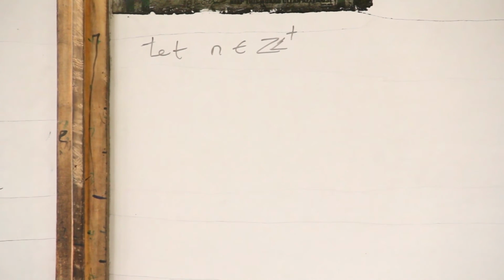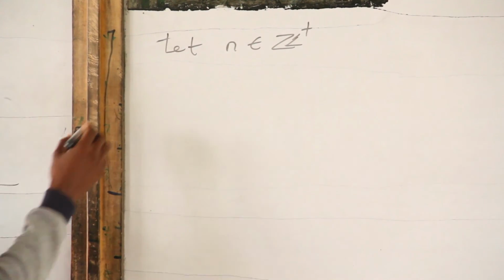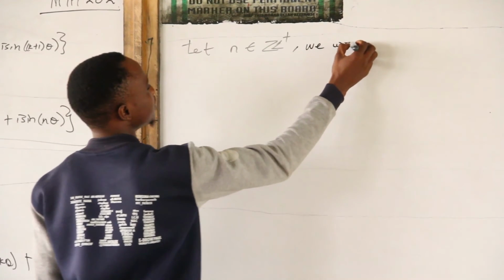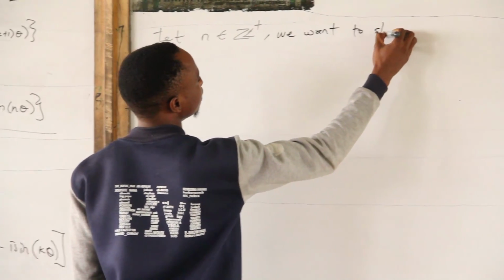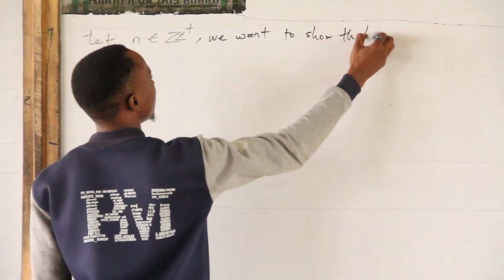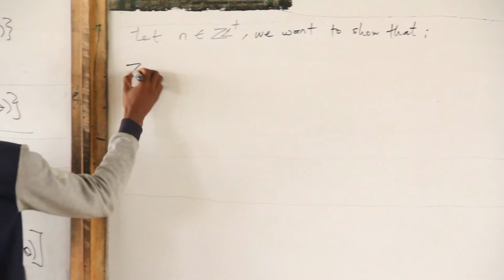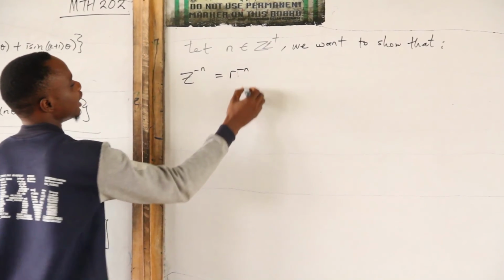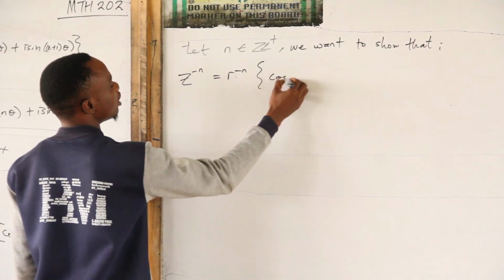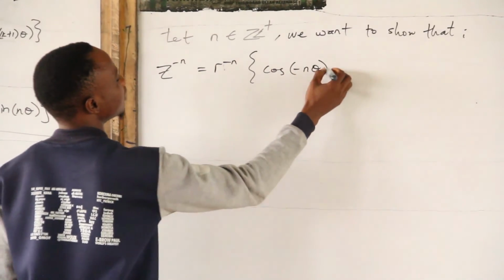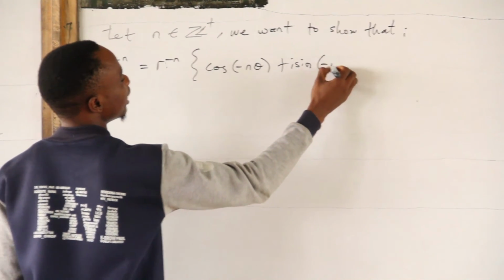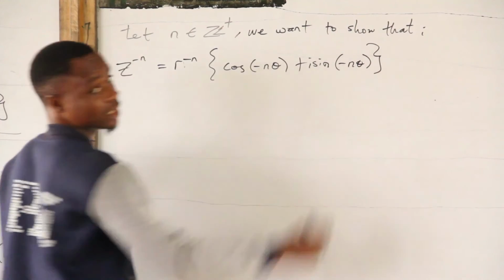Is it making sense? For z raised to power minus n, we want to establish that z raised to power minus n is going to be equal to r raised to power minus n into cos minus n theta plus i sine minus n theta. Does that make sense?